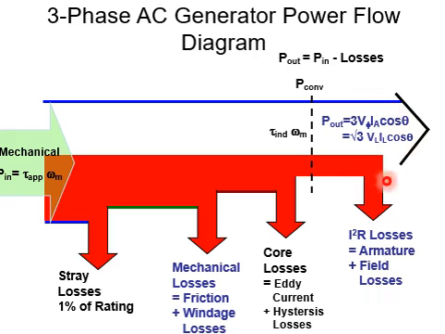So these are basically I square R losses, armature loss, armature plus field losses. These losses are experienced even after the mechanical power is converted to electric power. So the output power would be something like this.